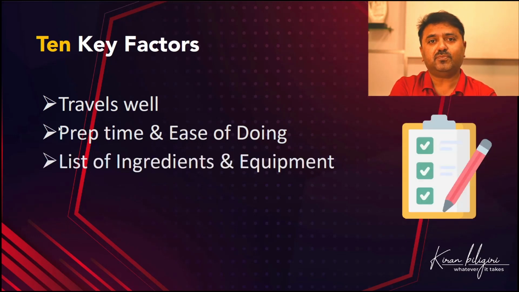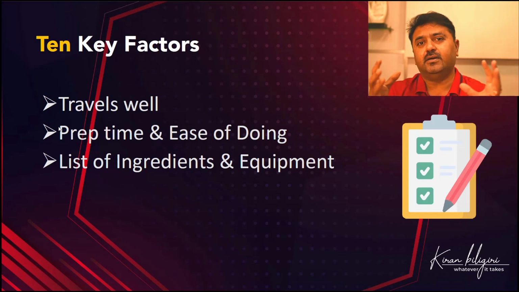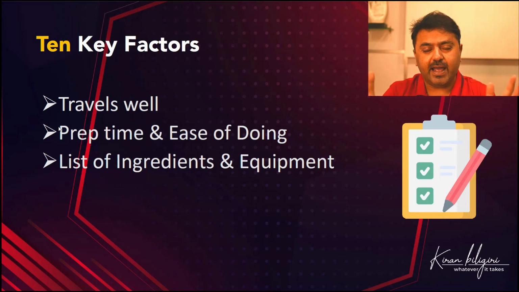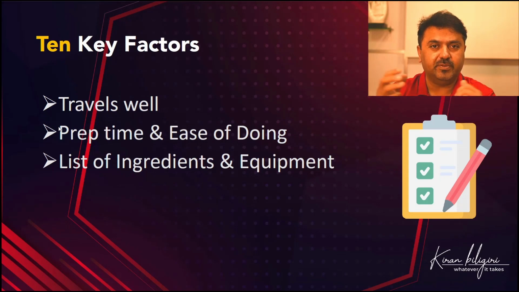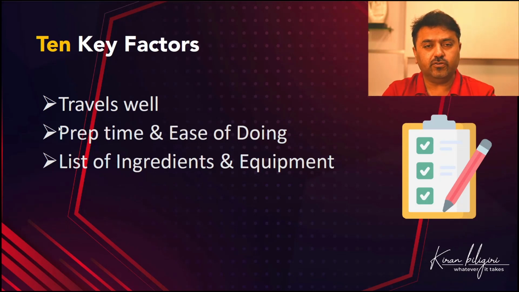What's the next thing? I'm sure you will be listing all the ingredients required for creating your menu. Ideally, at the end of your menu plan, when all your dishes have been listed out, you will write the big list of ingredients needed to create that menu.